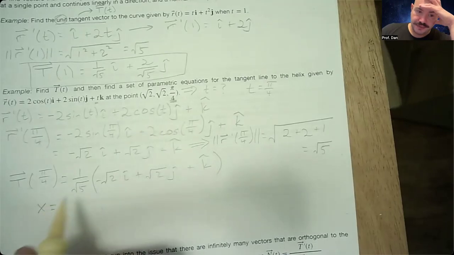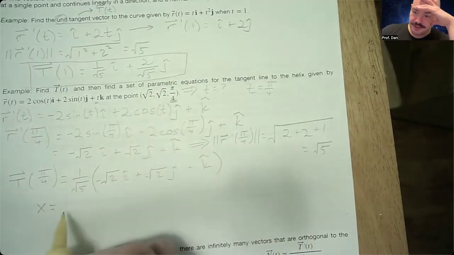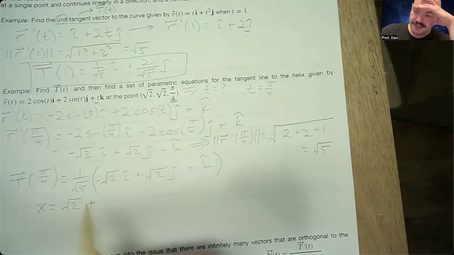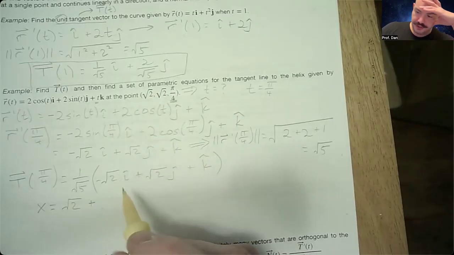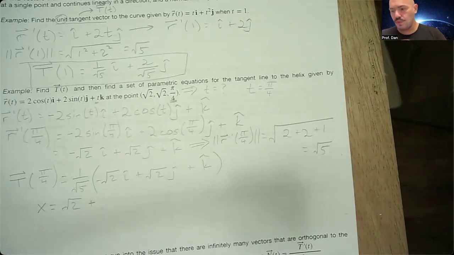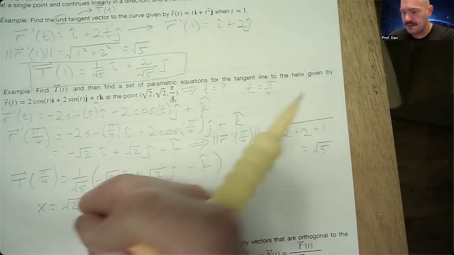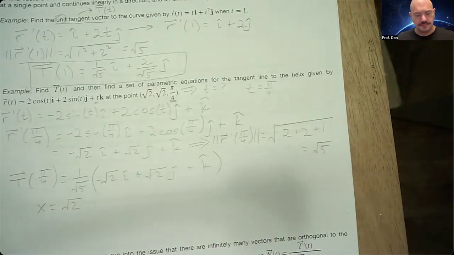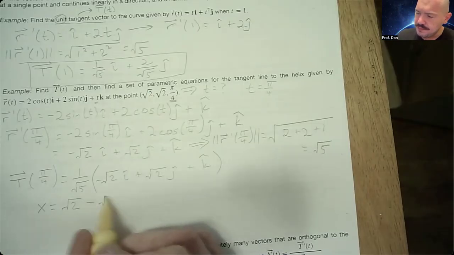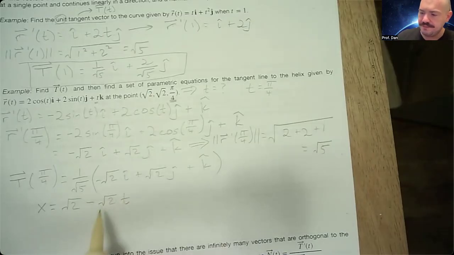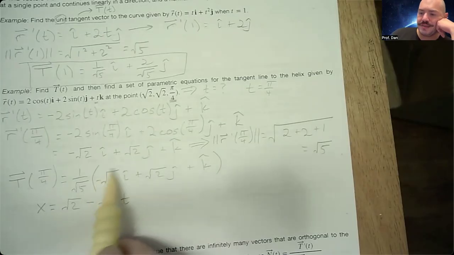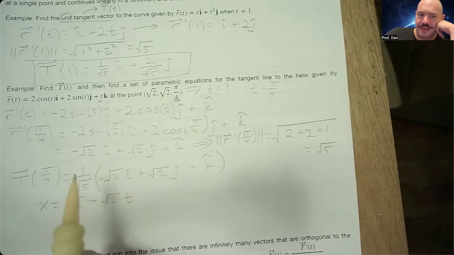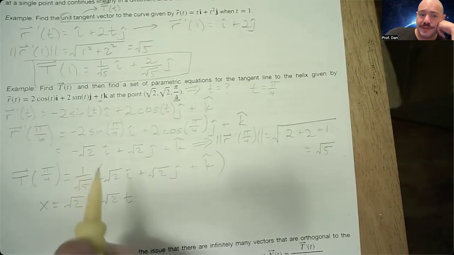So for x, we're going to look at the x coordinate, square root 2, plus, actually minus the square root of 2 t, right? And I get that from this. Notice this is the number that's used when I actually have that magnitude factored out.